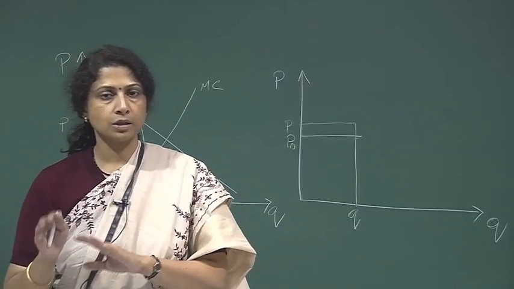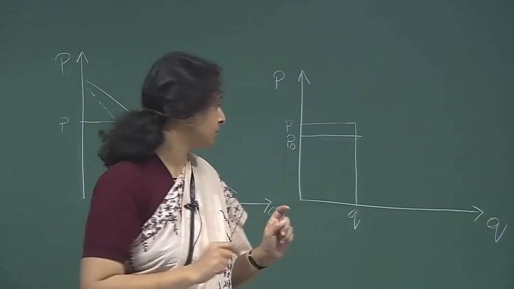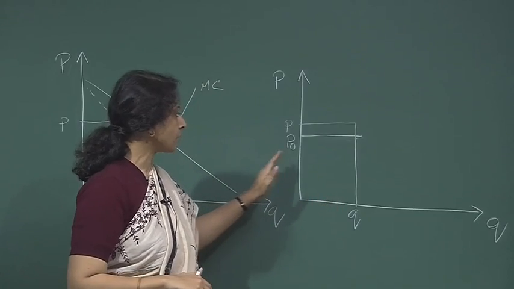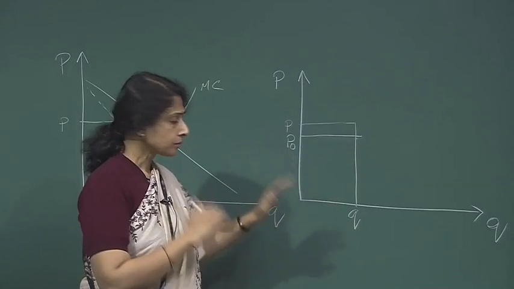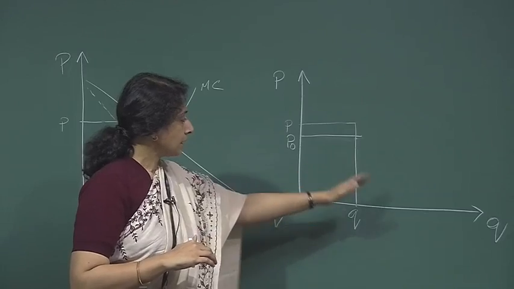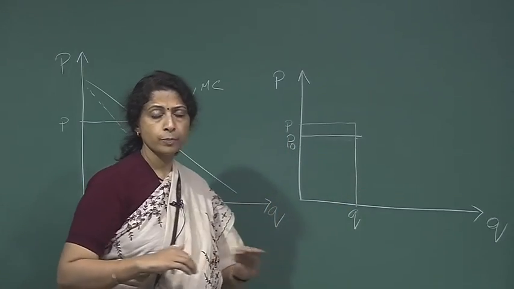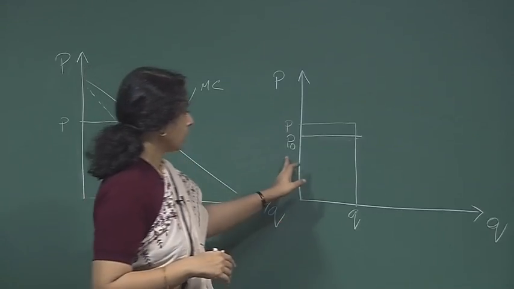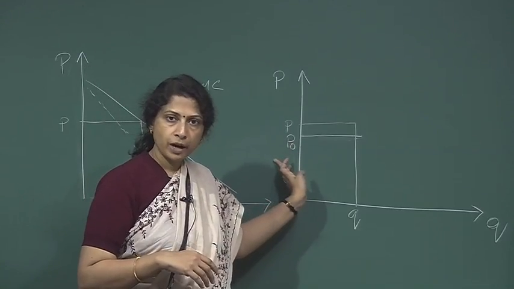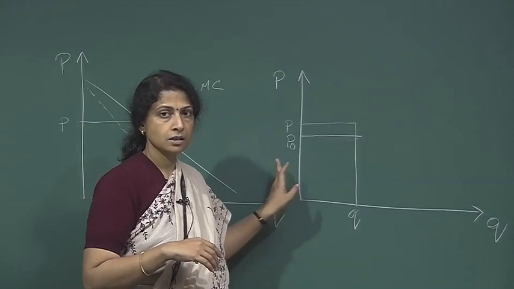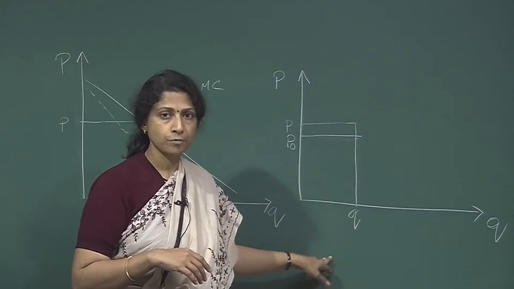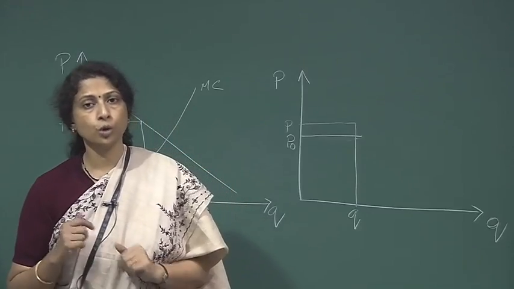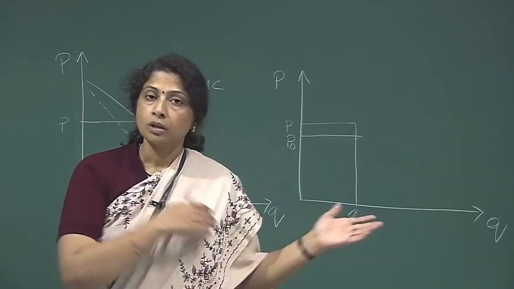Since each of them faces a negatively sloping demand curve, when one firm reduces the price, most of the consumers are going to rush to this firm, and hence the rivals, to stop that from happening, are also going to reduce their price, because they do not want to lose their customers to this firm.